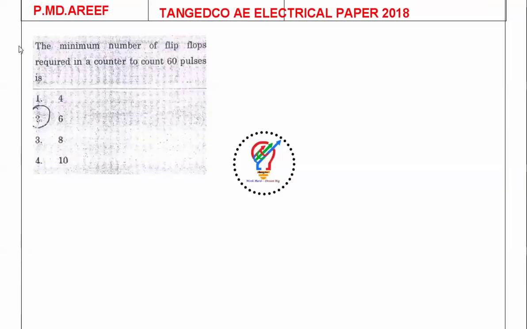The next question is: the minimum number of flip-flops required in a counter to count 60 pulses. We know that each flip-flop can count 2 counts. So 2 power n is equal to 60, approximately 60 pulses we need to count here.